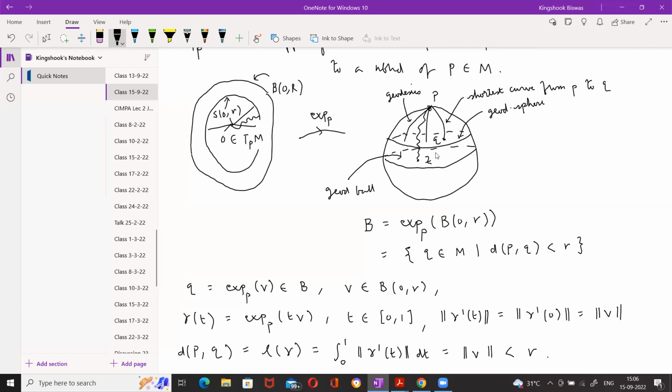You calculate the length. If I call this curve gamma tilde, then this curve is the image under the exponential map of gamma tilde, and then you compute the length. The tangent vector will be the image of gamma tilde prime under the derivative of the exponential, and gamma tilde prime will have a radial component and a normal component.